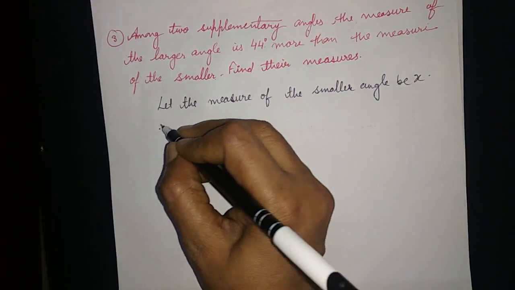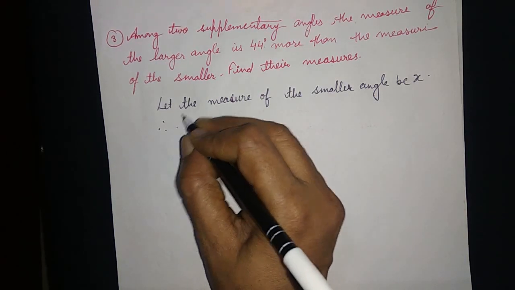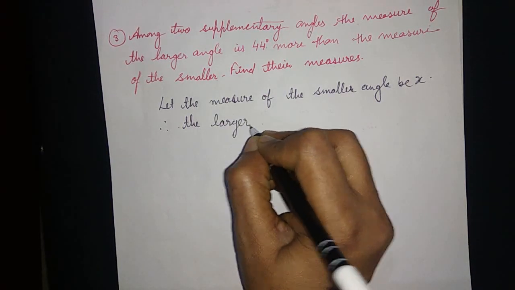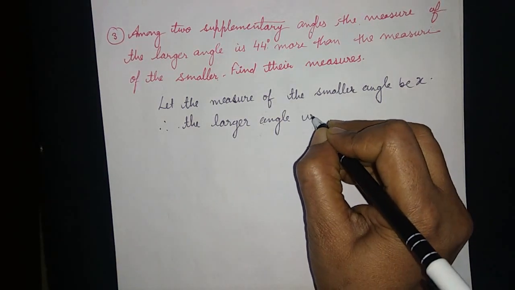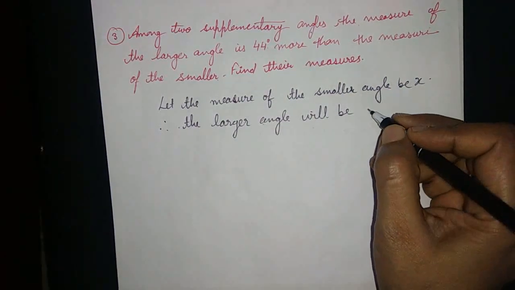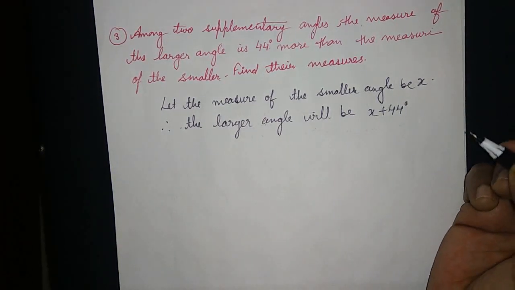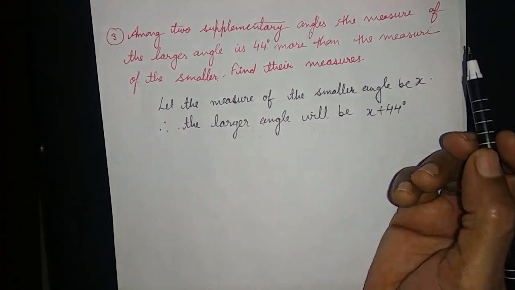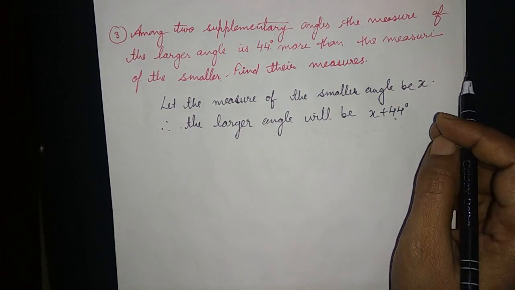And therefore the larger angle will be how much? x plus 44 degree. x plus 44 degree. You know why? Because larger angle is 44 degree more than the measure of the smaller angle. Okay. So here x plus 44 degree will be the larger angle.